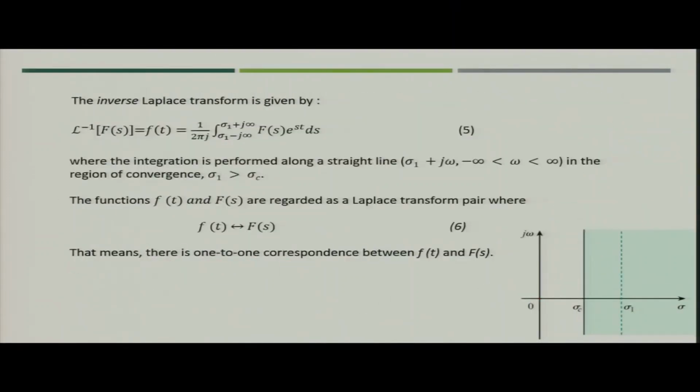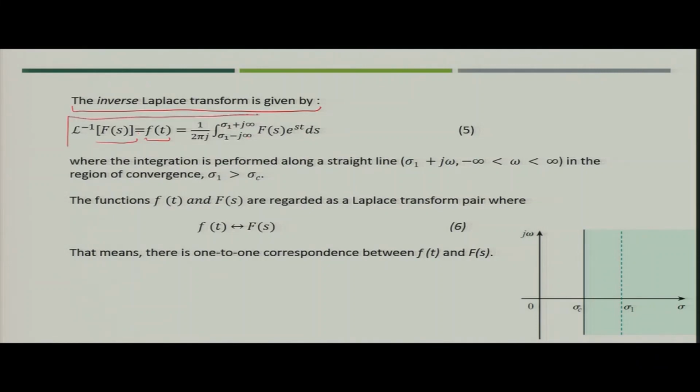Now, next you need to find the inverse Laplace transform. The inverse Laplace of F(s), that is f(t), is given by the expression 1 upon 2 pi j integration between sigma 1 minus j infinity to sigma 1 plus j infinity of F(s) e to the power s t ds.